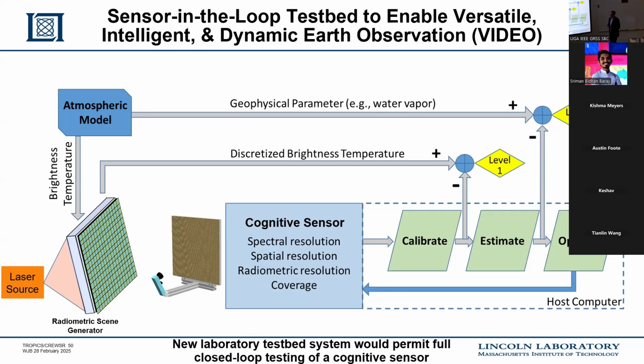So we can put a spatially resolvable scene on this radiometric scene generator and measure that with CREWSR. And then all the things that have to happen behind CREWSR, we have NVIDIA Jetson processors running on the sensor. It's calibrating the data, estimating features, identifying features, reconfiguring, and then we can ask the question, how well does that work in practice in a test as you fly environment in the lab?